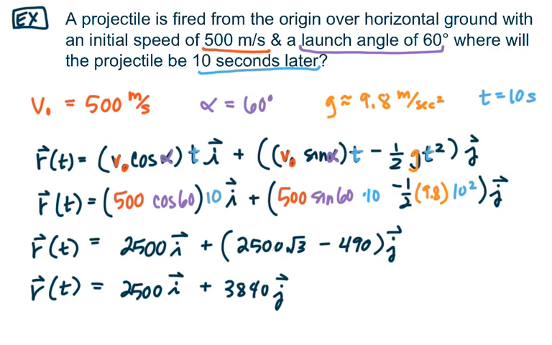And I'm noticing one thing: when I plugged in that 10, these t's here should have turned into r of 10. So what this says is that the position 10 seconds after launch, we are 2,500 meters downrange from the origin at a height of 3,840 meters in the air.